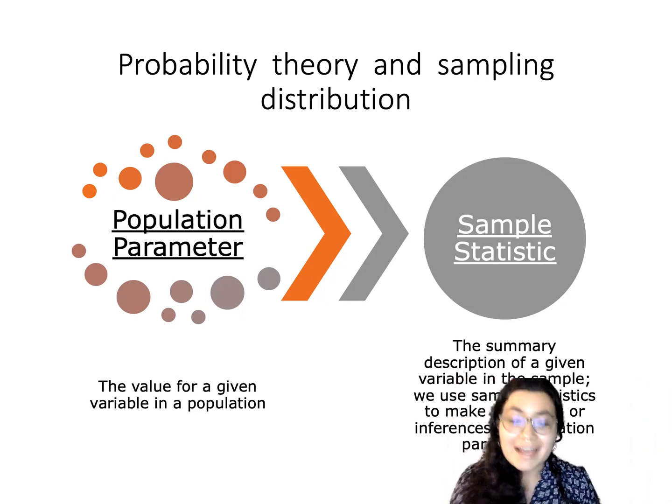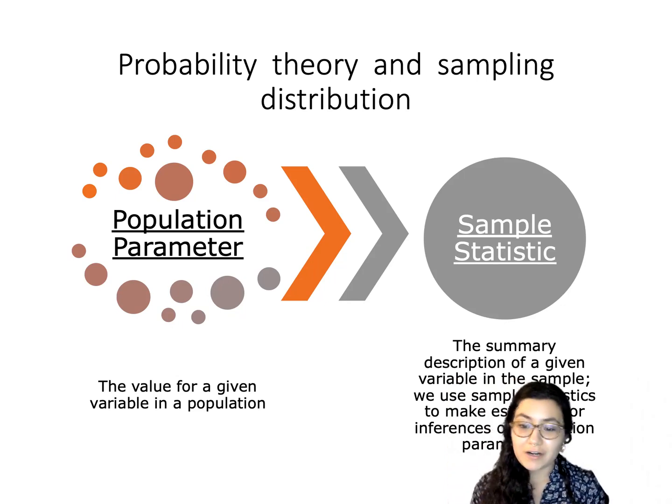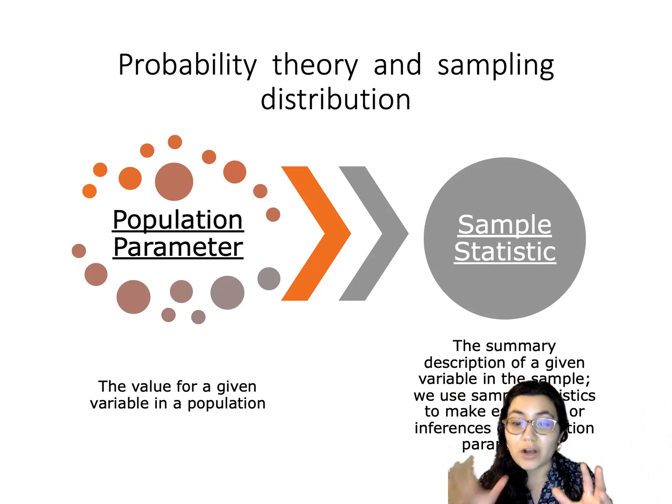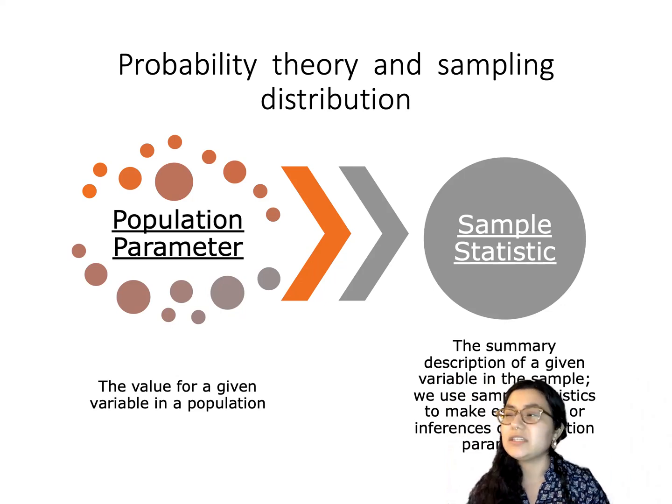We never actually know what the population parameter is. We can't say it for sure, but these statistical theories allow us to say, within a certain amount of confidence, that we know where the population parameter is. It's sort of like we're trying to locate something where we don't know where it is, but we get the general area of where it might be.